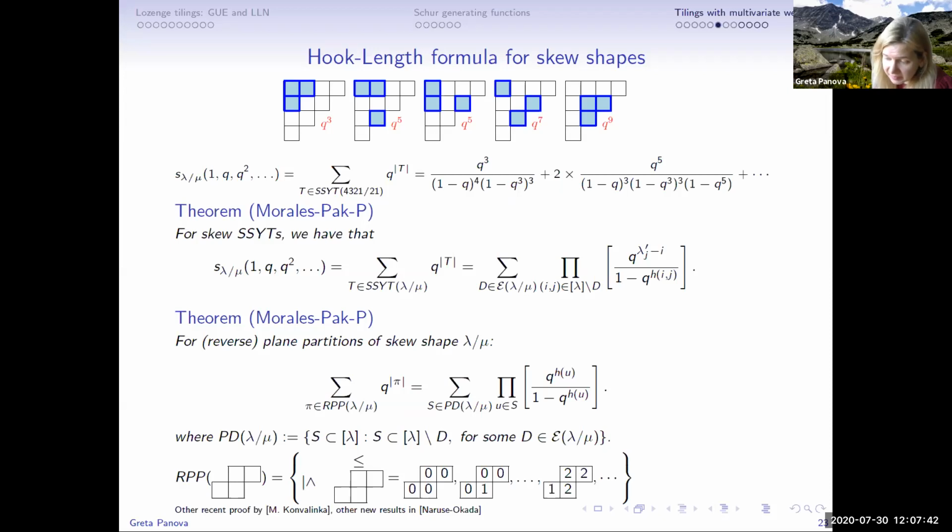And a similar formula holds for plane partitions. In this case, the way we phrased it is in terms of reverse plane partitions, but because we have this freedom of choosing lambda over mu, we can also do normal plane partitions of the opposite shape if we want. So this is lambda, this is mu, and a reverse plane partition is an assignment of numbers inside the boxes of lambda over mu, so that they are weakly increasing along rows and down columns.